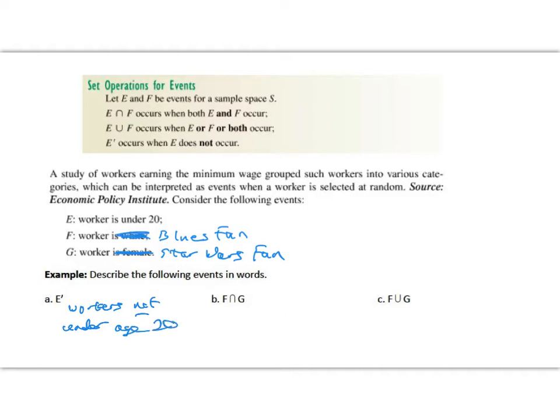That would be a description of that event. For B, it would be they are both fans of the Blues and Star Wars. So they'd have both. And then for C, it would be fans of the Blues or Star Wars.